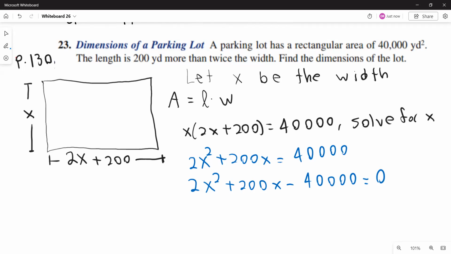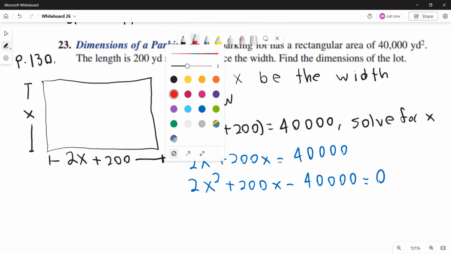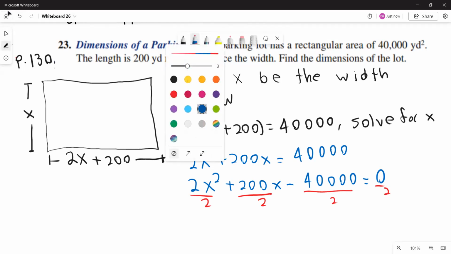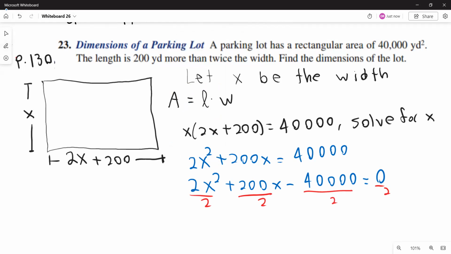Divide everything by 2. Everything is divisible by 2, so we can simplify this equation a little bit. So we have an equation that is a little bit easier to work with. And that's x squared plus 100x minus 20,000.